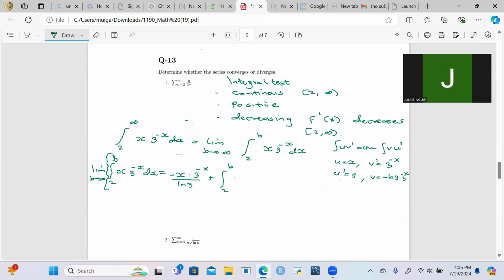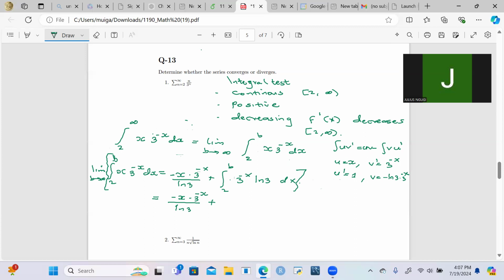Good. So whatever is inside the integral here should be v u prime, so it should be minus. So that's why we have a plus. So the plus is still there. 3 power minus x, then you have ln of 3 with respect to x. And then put the parentheses because you're finding the limit. So you have minus x times 3 to the power of minus x divided by ln of 3, plus the integral.